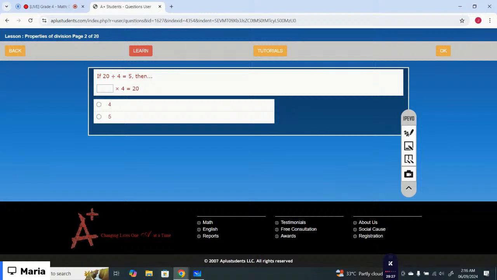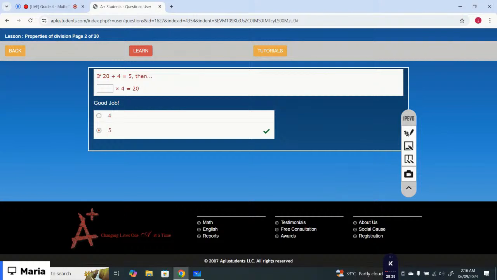The missing number is 5, right? That is 5 times 4 equals 20. Option number 2 is the correct option.